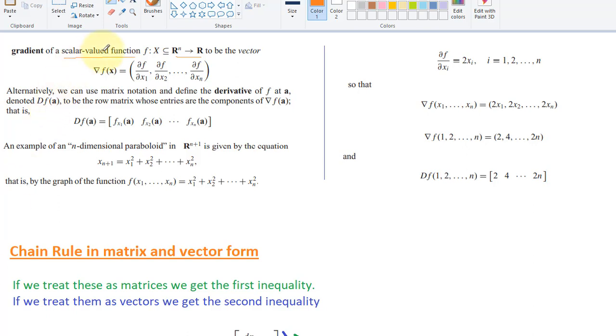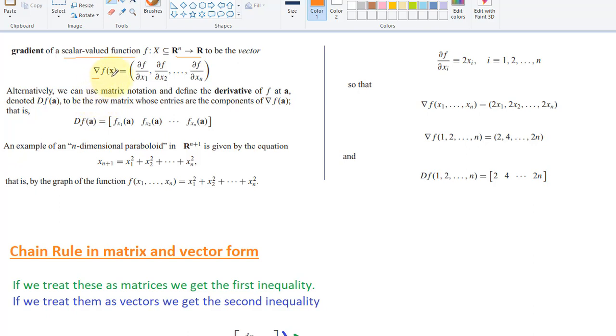So then the gradient is the set of partial derivatives. And here we're writing it as a vector. So our function is called f, and we're using this symbol for the gradient. By the way, this symbol is read as nabla, but we'll just call it the gradient of the function f.